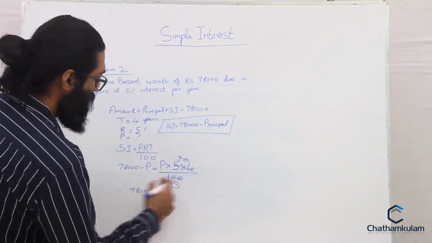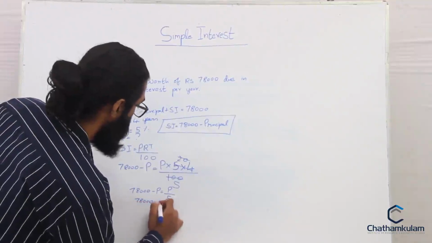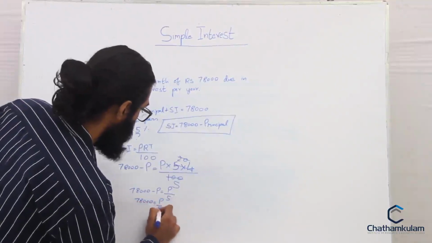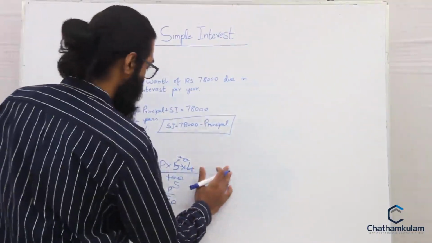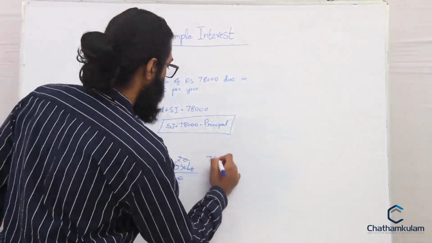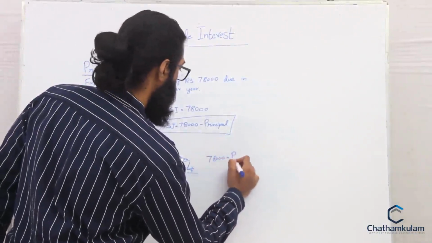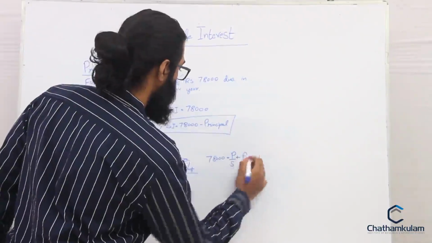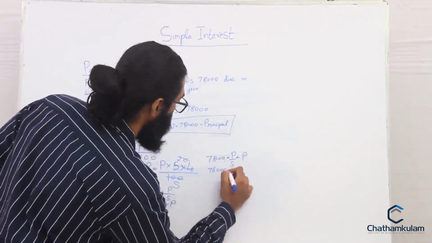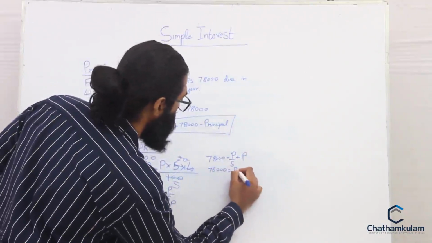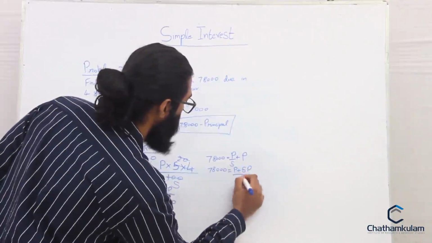So we bring the P to the other side. We get 78,000 equals P by 5 plus P. Take the LCM here. 78,000 equals P by 5 plus P. We take the LCM as 5, then we get 78,000 equals P plus 5P by 5.